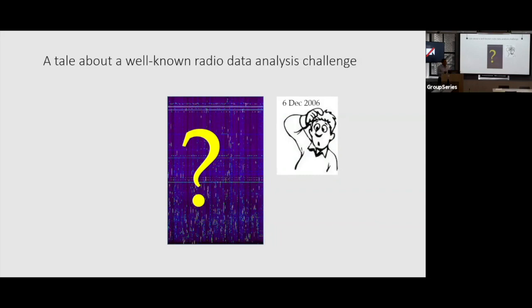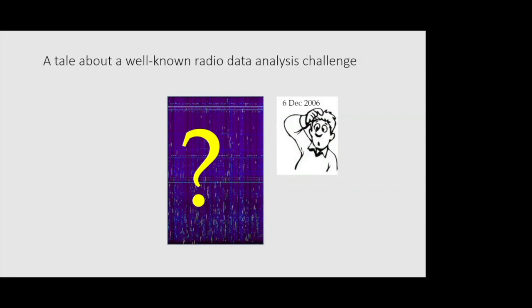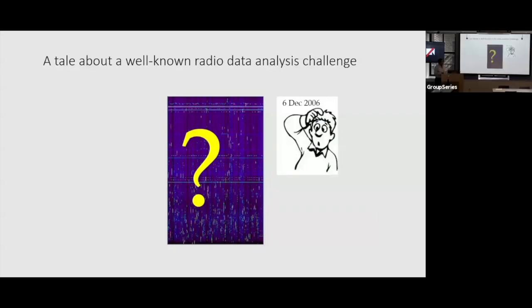Here is a chunk of data from that event. Time is going in this direction, frequency in this direction. It's around 2 gigahertz, and you see a lot of features in this spectrum.